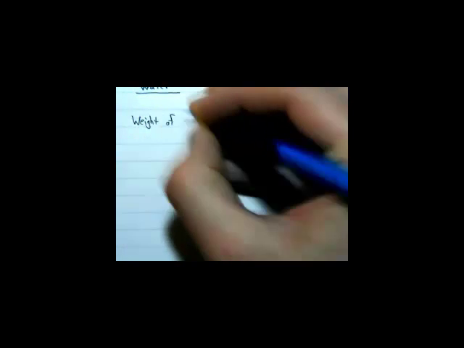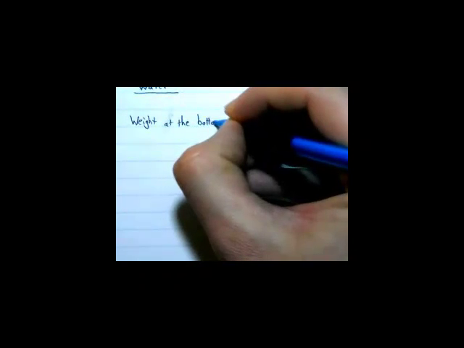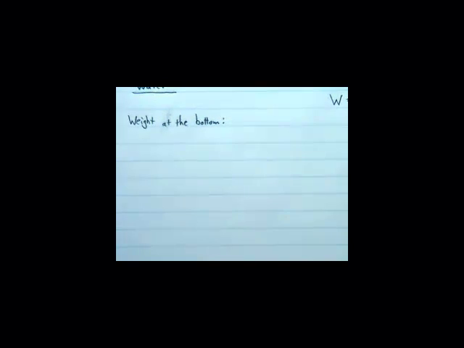All right, so same kind of deal. What is the weight of the water, or weight, sorry, at the bottom? So when the bucket's full, essentially, how much water do we have? It's in the problem. 50 newtons.